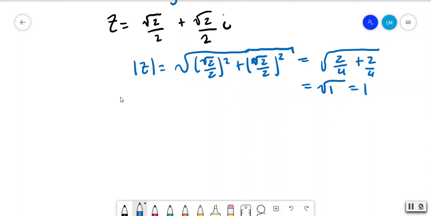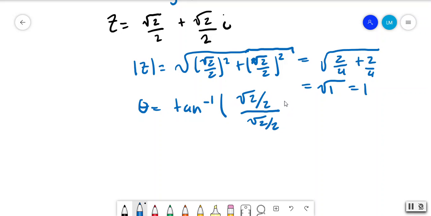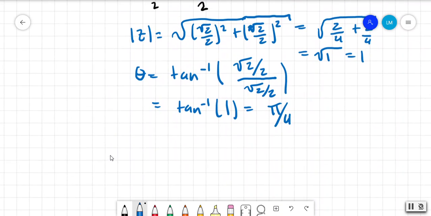In that case, the next step is to find the angle. So you'll do tangent inverse of root 2 over 2 divided by root 2 over 2. Essentially, this is tangent inverse of 1. But tangent inverse of 1 is pi over 4 because it's from the 45-90 triangle. So that's basically it.